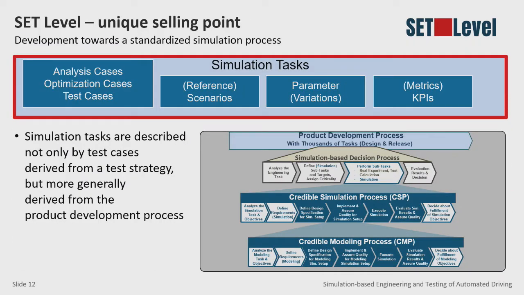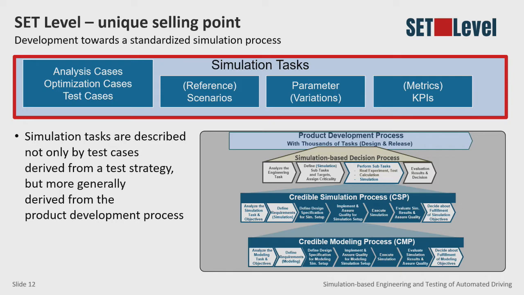The third part of the three working areas, the upper part of the overview figure on working areas, is the simulation task itself. As I explained some minutes before, it is a part of the product development process. It is called simulation-based decision process, and it can be an analysis case or an optimization case or a test case again.